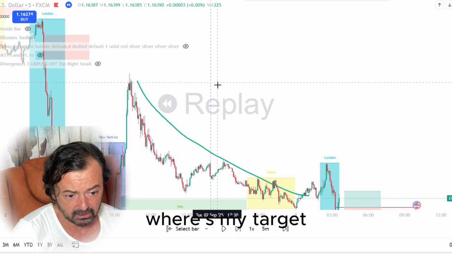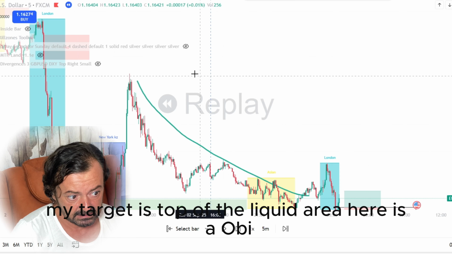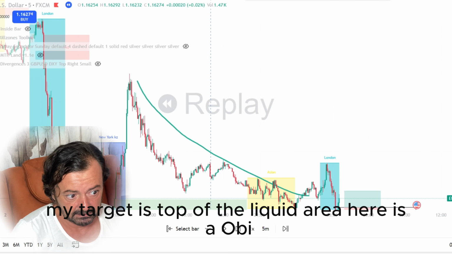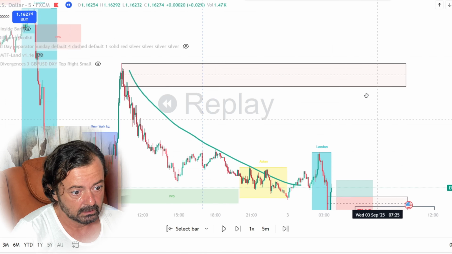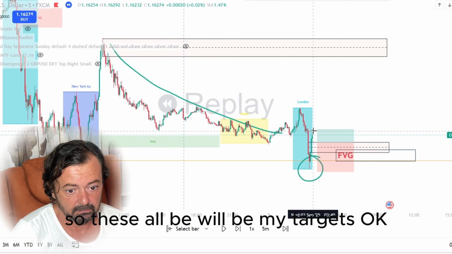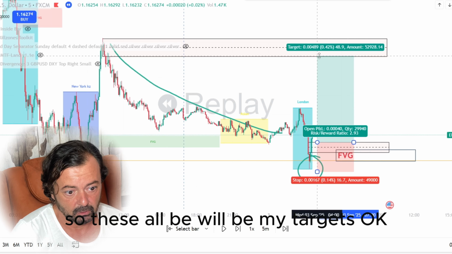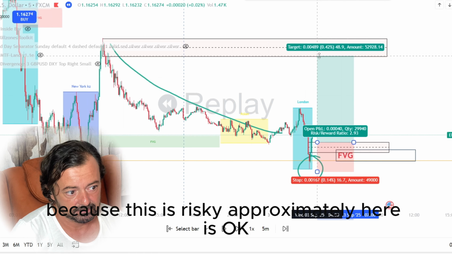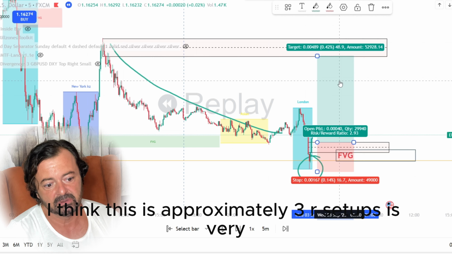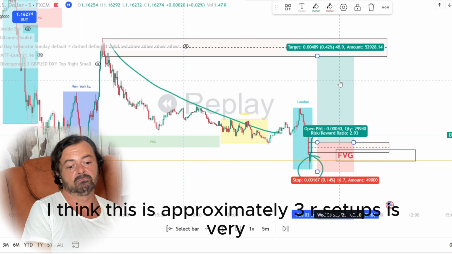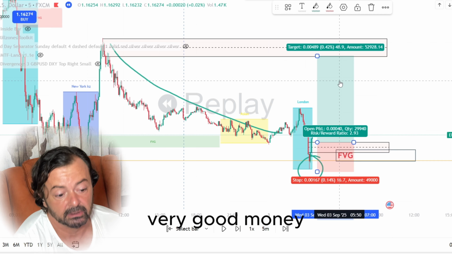Okay, where's my target? My target is the top of the liquidity area. Here is an OB. So this OB will be my target, because this is risky. Approximately here is okay. I think this approximately 3R setup is very good money.